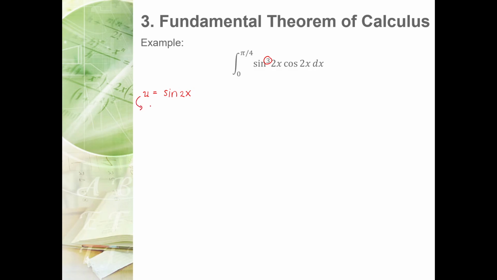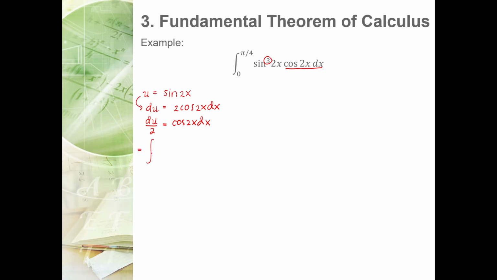Okay, then the derivative of this one is 2 cosine 2x dx. So notice that we have cosine 2x dx here. So isolating it, or dividing everything by 2, you have du over 2 equals cosine 2x dx.